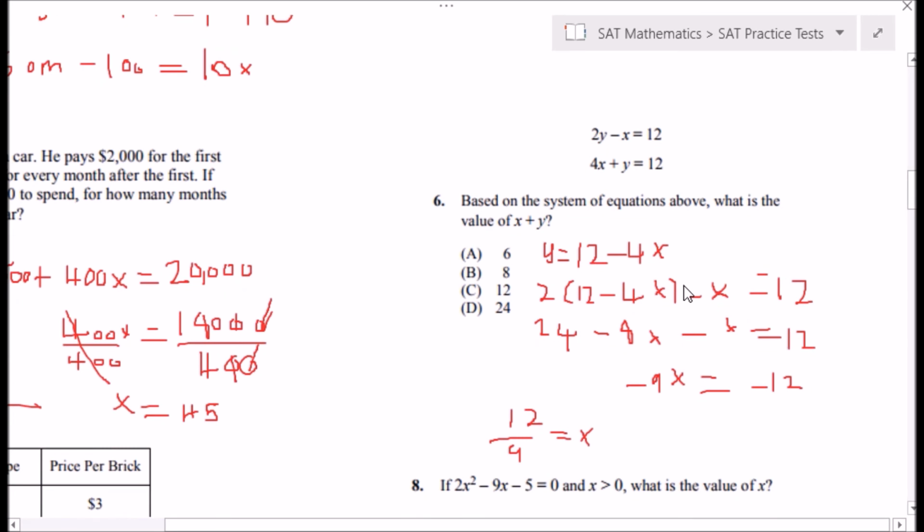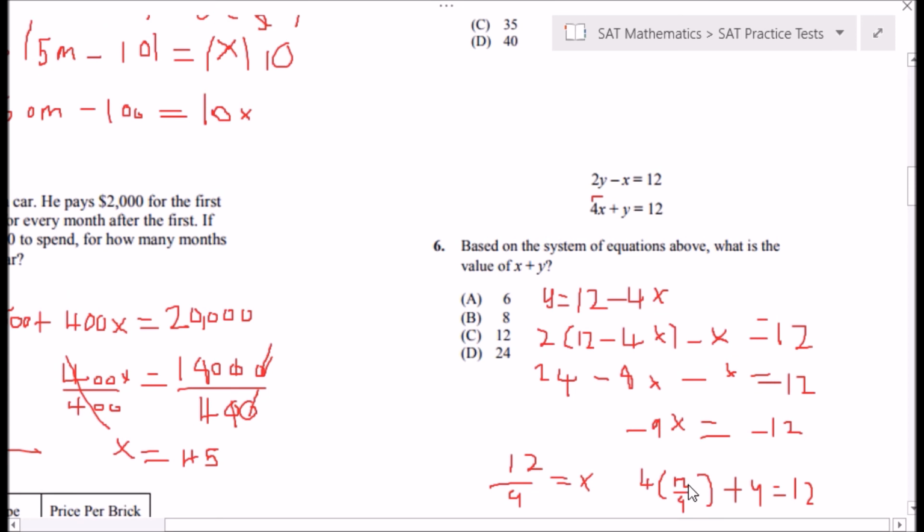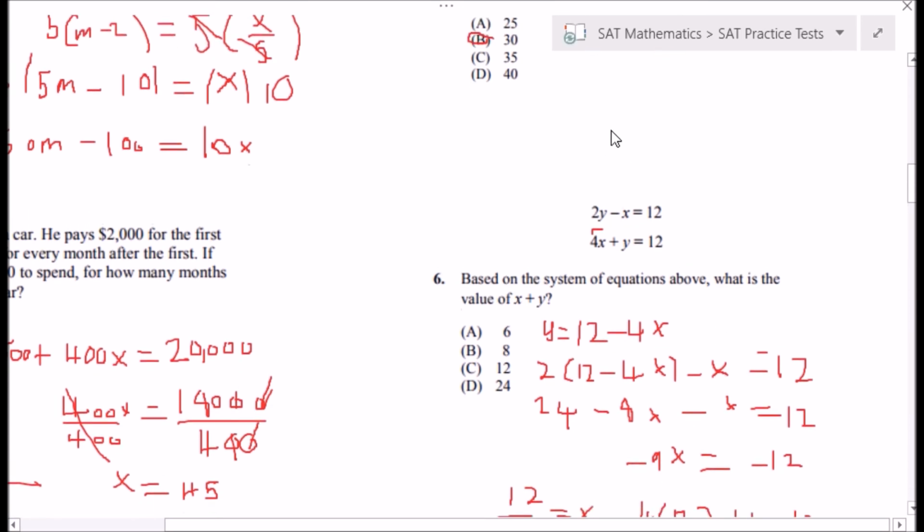So what we now do is plug this value into either equation. I'll choose this equation. Okay, so 4 times 12 over 9 plus y is equal to 12. So if you do that, I'll write it above here.